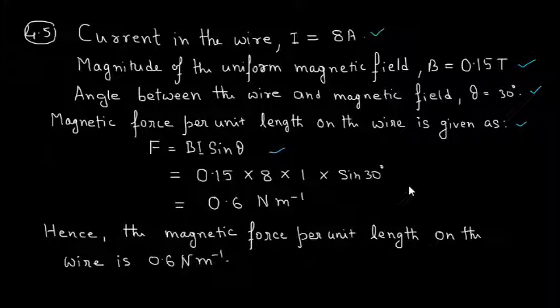Putting the values, we get 0.15 × 8 × 1 × sin 30°. Upon solving, we get 0.6 Newton per meter. Hence, the magnetic force per unit length on the wire is 0.6 Newton per meter. Let us see the next problem.